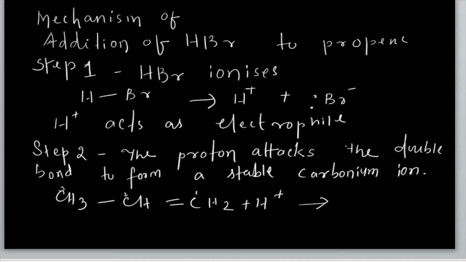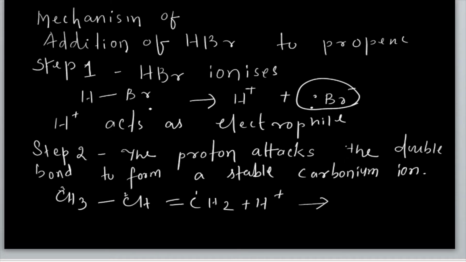Then what happens here? Step 1, HBr ionizes. What does ionizes mean here? It is a covalent bond having 2 electrons. When it undergoes ionization, or heterolysis, that pair of electrons which forms the covalent bond comes to bromine. It becomes a bromide ion having 1 pair of electrons, and the hydrogen has a positive charge.